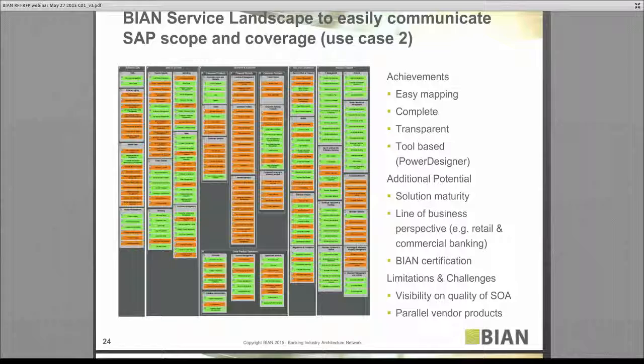So the learning for us was, it's fairly easy to map our software against the service domains, which shows the quality of the BIAN service domains. It is complete, so we are able to map all our solutions against it, and it allows us to communicate very transparently.